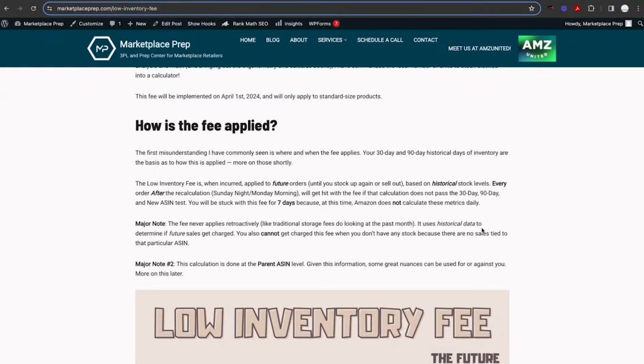And then one other curveball is Amazon does not calculate these metrics daily. So you're going to have to plan some of it on your own, and the data that they're giving us, whether it's the minimum stock levels in the Manage FBA Inventory page or your restock recommendations, all of those things, while they could be adjusted slightly, it's not perfect. And lastly, it's at the parent ASIN.